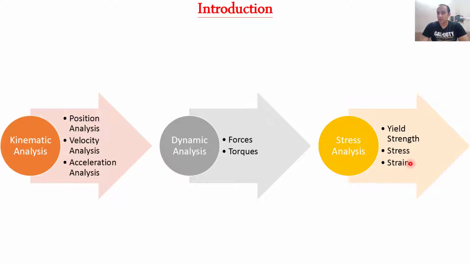All of these are material dependent properties, and we can calculate all of those parameters only if we have the available forces. We can only calculate the forces if we have the acceleration available, and we can only get the acceleration if we have the velocity and position available. So this is the complete cycle of analysis which we are going to cover in our course.